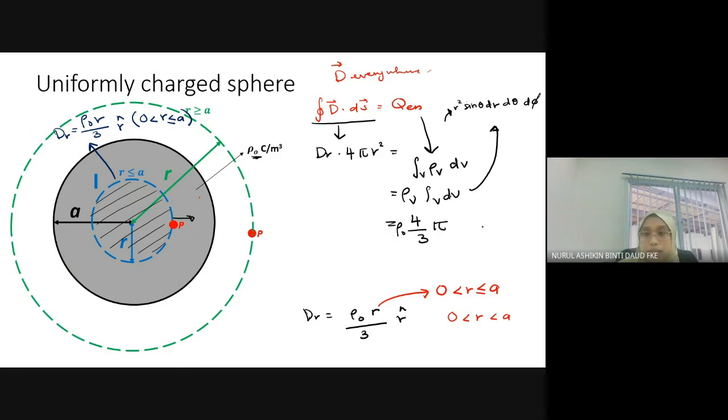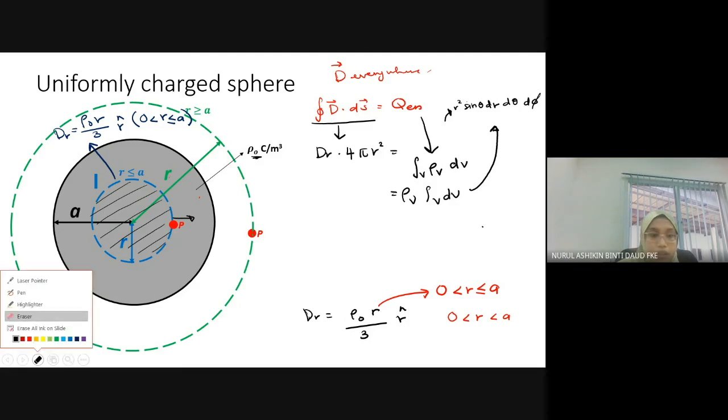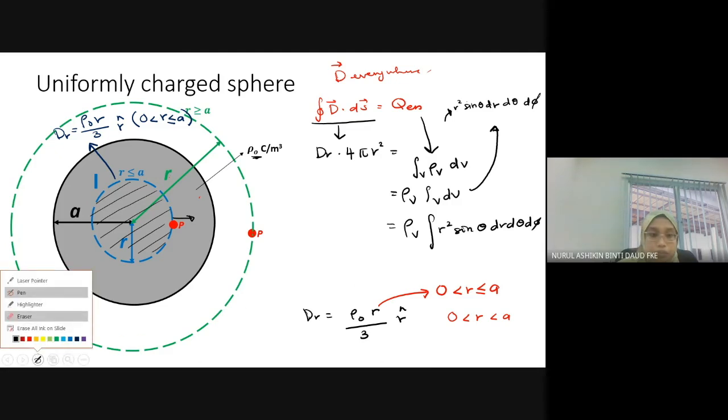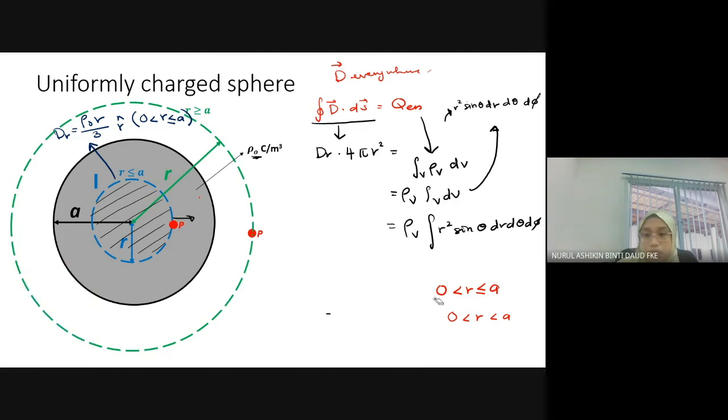What is different now is my r, when r is larger than a. Allow me to write it again: r squared sine theta dr d theta dphi.